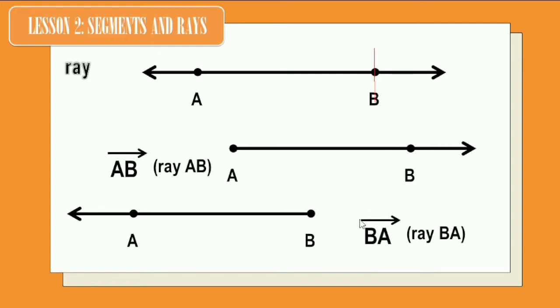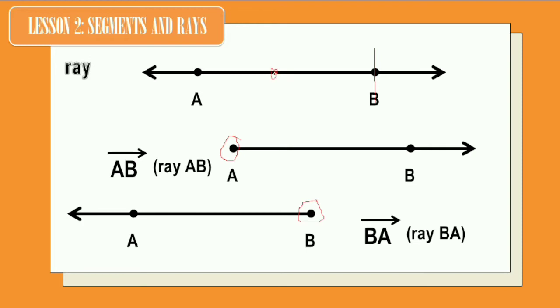Pero yung symbol natin ay papunta pa rin sa right. So, ray BA. Sa pag-name ng ating ray, laging nagsisimula siya sa endpoint. So, AB, dito nagsimula siya sa A. Ang endpoint niya is B, kaya BA. Hindi siya pwede magkabaliktad na AB. So, BA lang siya talaga. Dito lang yung AB kasi ang endpoint niya is A.